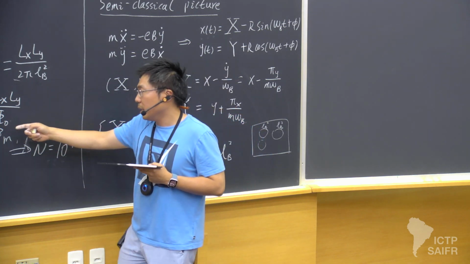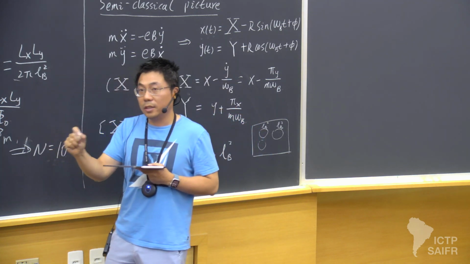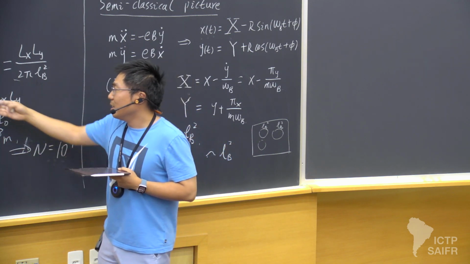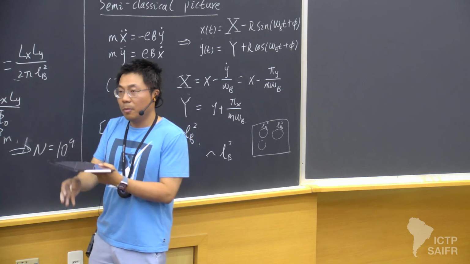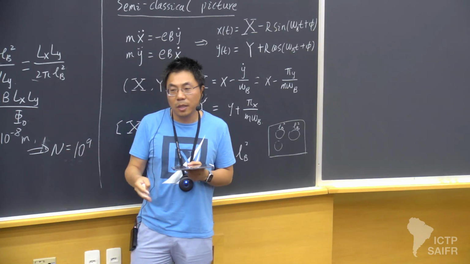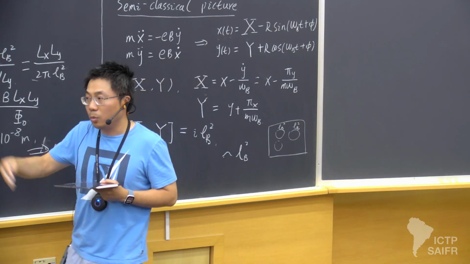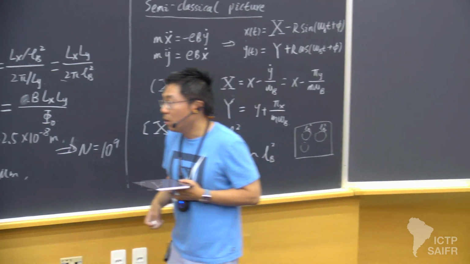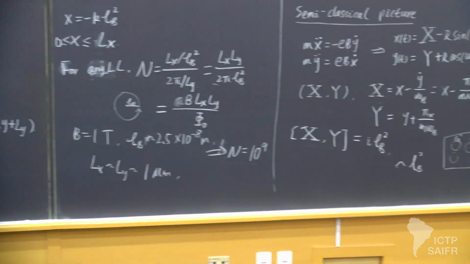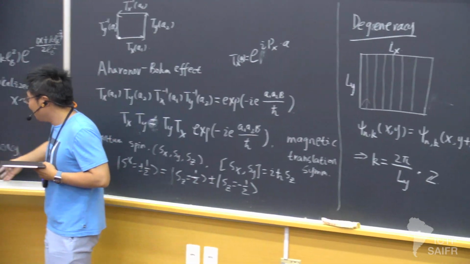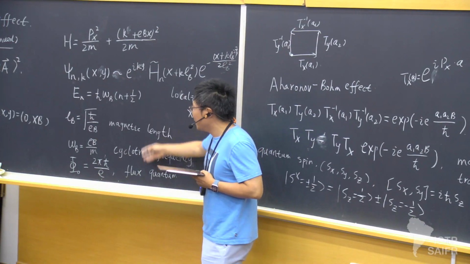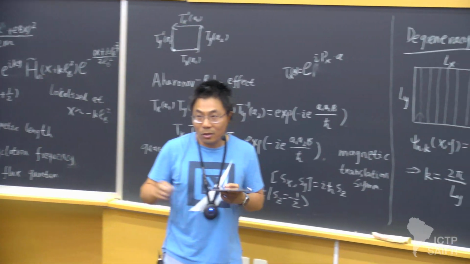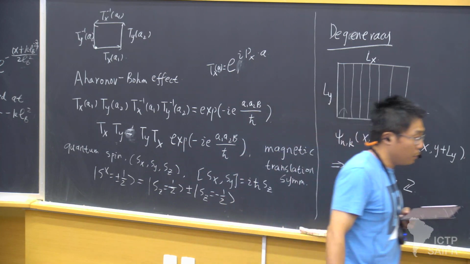And in the denominator, I have this phi_0, the minimal flux in my system. Then the degeneracy is really just counting how many flux quanta I have in the system. Each flux quantum corresponds to one electron, right? I think it would be good for you to be really familiar with those three different quantities. They're very important in a lot of discussions involving the quantum Hall effect.